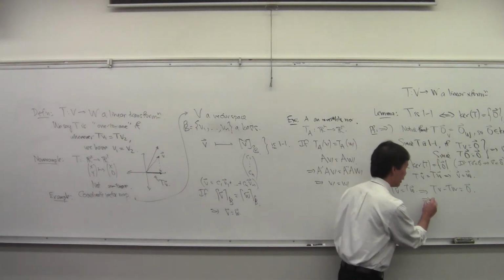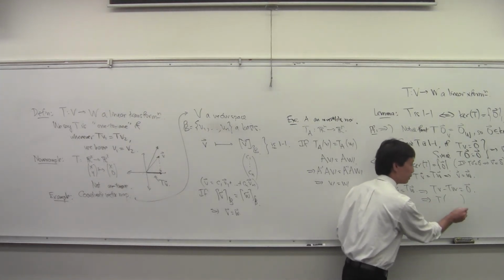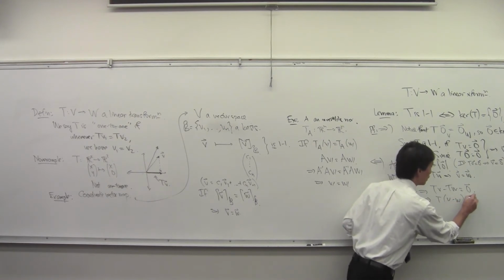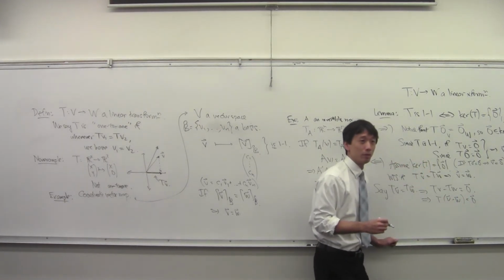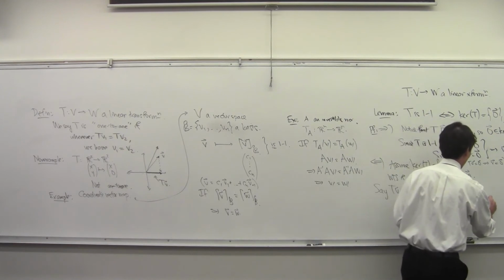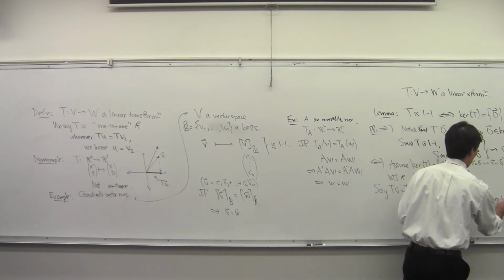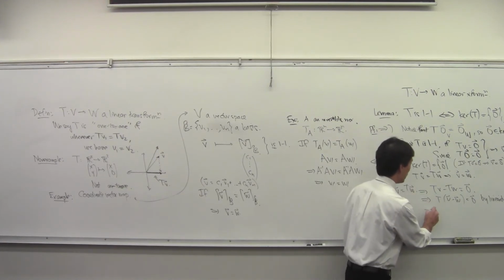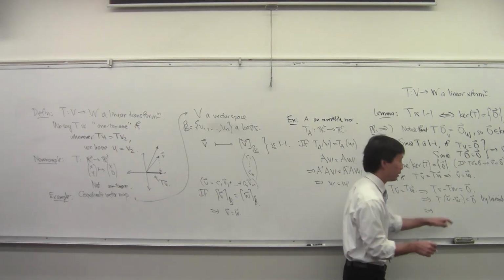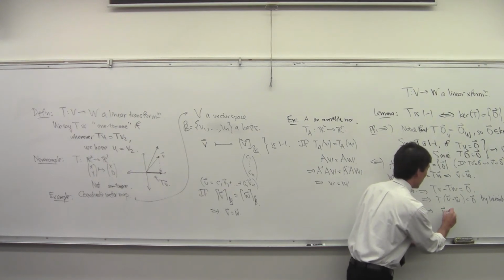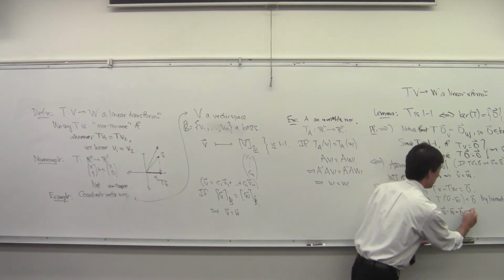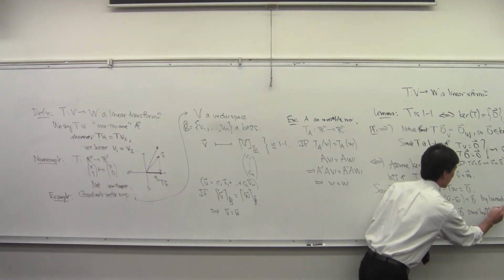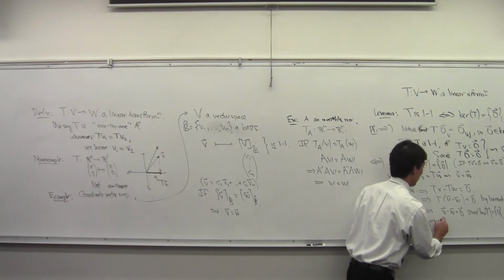And then T of v minus w equals 0, by linearity. But we know that the only thing that's sent to 0 is 0. So v minus w must be 0, since the kernel of T is the 0 vector. But that tells you that v and w are the same.